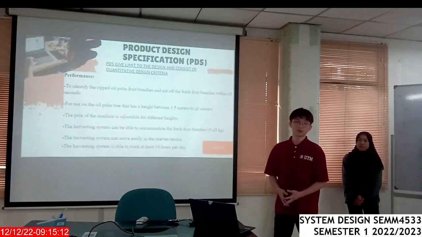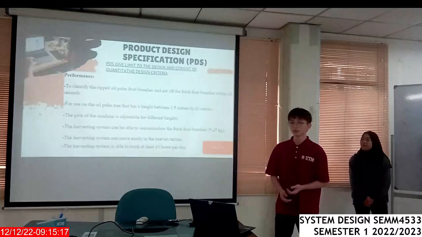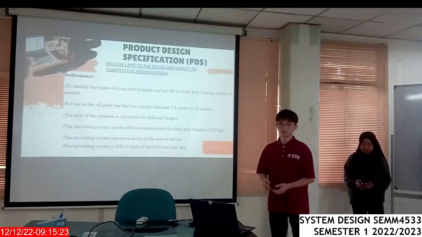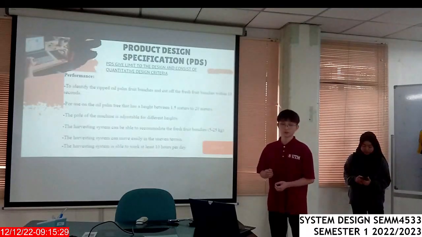This is achieved by the scoping mechanism that we devised to meet our objective. And the system will be used on trees with a height of 1.5 meters to 20 meters, so the pole of our machine is adjustable to different heights.